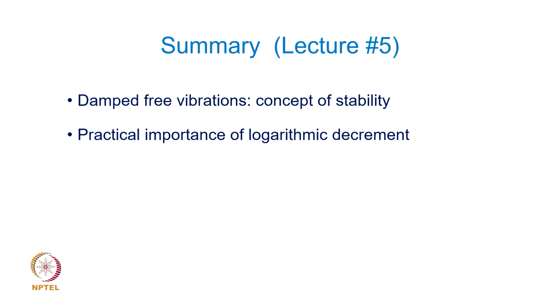We also saw an alternate parameter for quantifying the decay of free vibration response, and that parameter was logarithmic decrement, and we observed how practically more convenient this logarithmic decrement is, which does not need knowledge of the parameters of the vibratory system, and based on the measured data you can quantify the amount of damping in the given system.